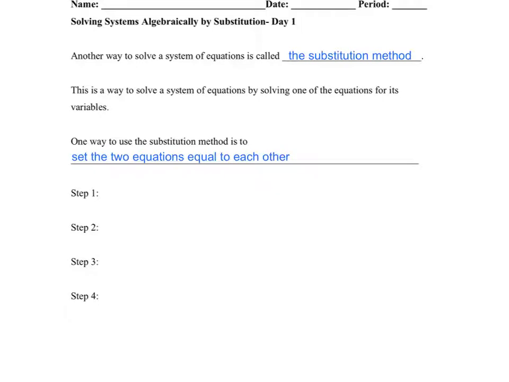There are 4 steps when solving a system of equations using substitution. Step 1, we're going to set the equations equal to each other. Step 2, we're going to solve for x.